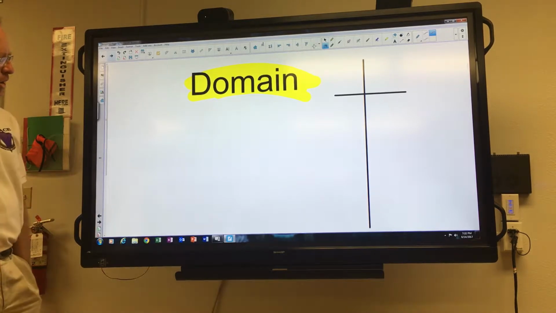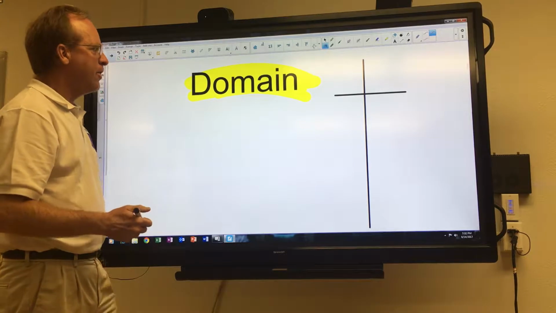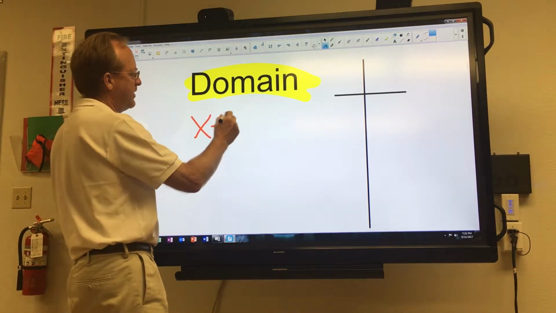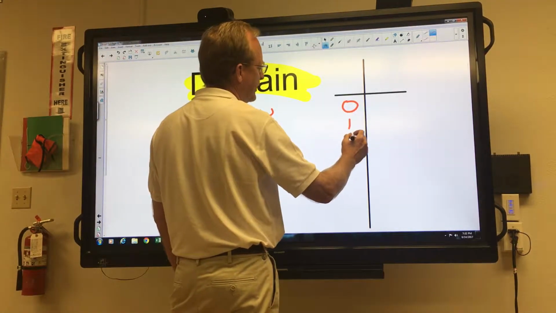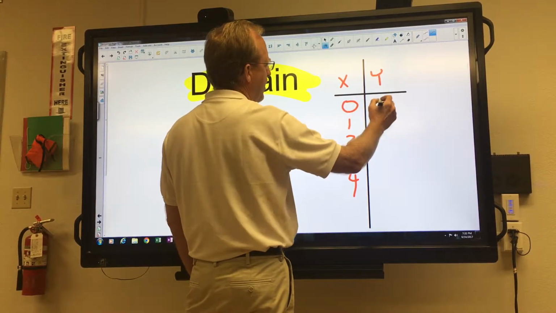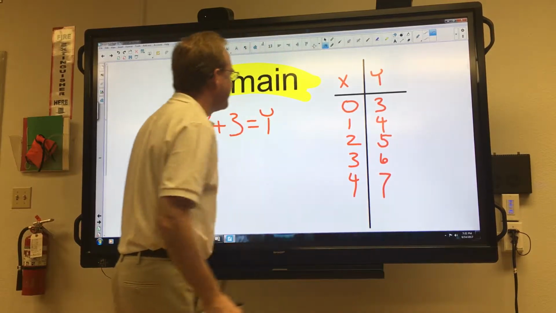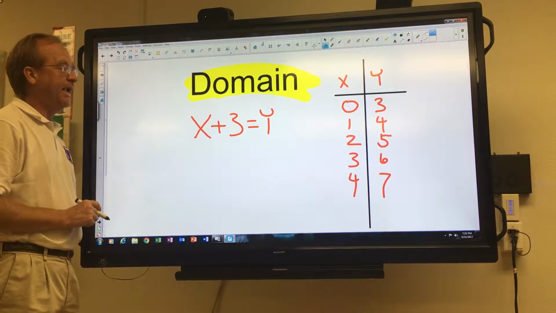Now, when you put in an x value or an input value, those values are your domain. So in this case, with x plus 3, we were putting in 0, 1, 2, 3, 4, and we're coming out with 3, 4, 5, 6, 7, etc. So the numbers that we're putting in, that's our domain.